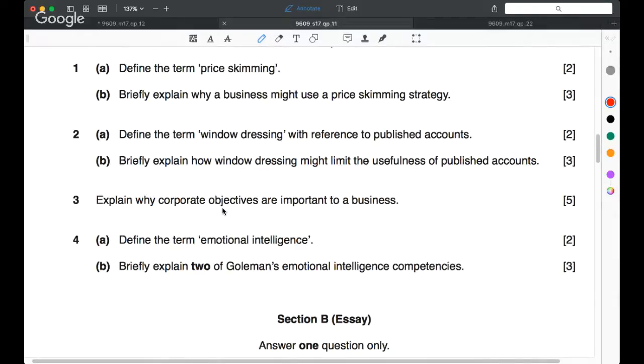So, for example, you could say that a corporate objective is to obtain 12% market share. Cascade that down to a functional objective that could relate to sales per customer of, say, £45.